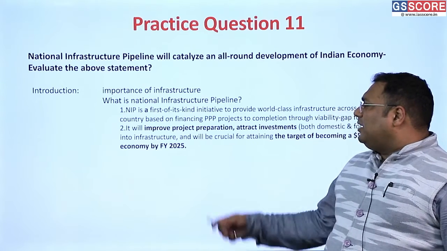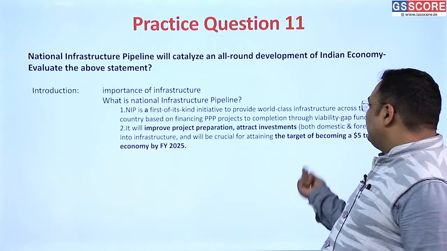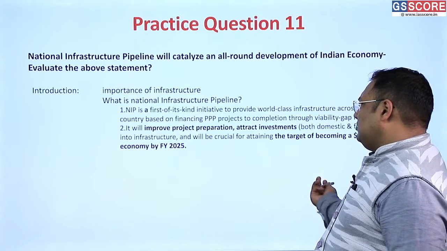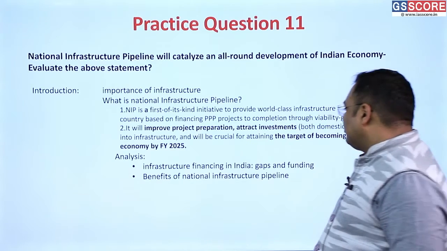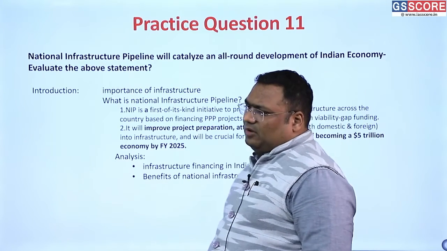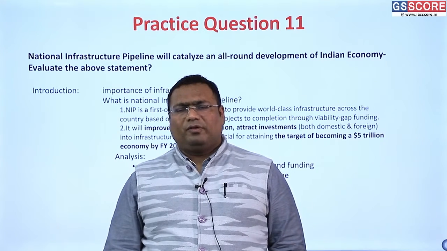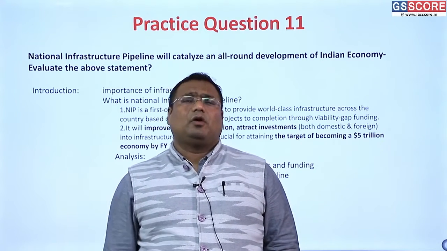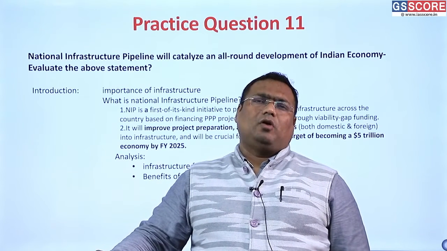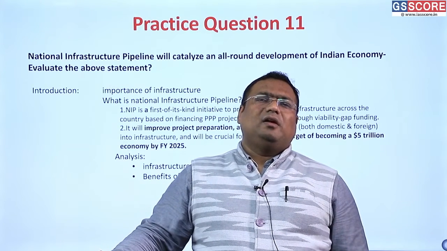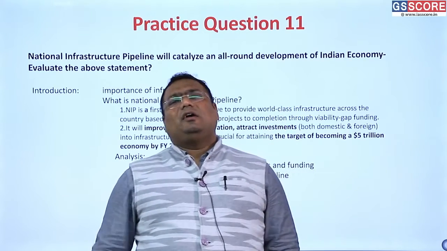So the idea is to improve project preparation and attract investment, which can be domestic as well as foreign. Then you talk about infrastructure financing in India, gaps in the funding: we need almost $400 billion of investment, whereas we are spending at present less than $200 billion, which is much less than adequate.